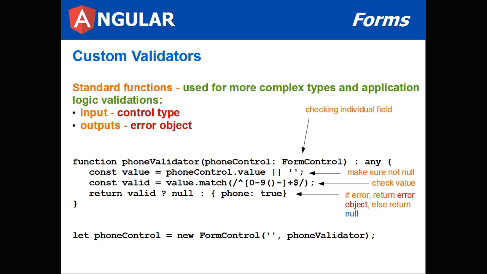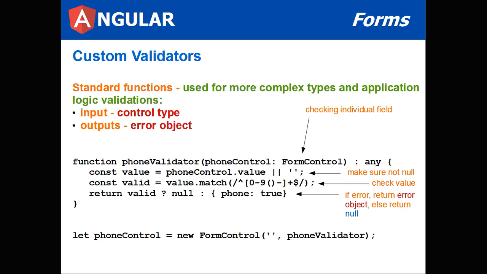So the error object phone: true basically means you got an error on the phone, and you use this value to say, if it's not null, then phone is true. Then you could do something with the error handling.